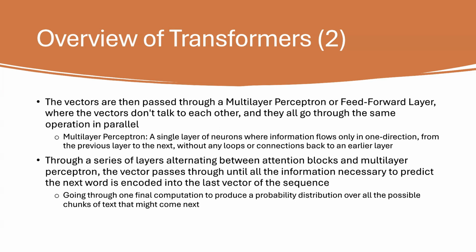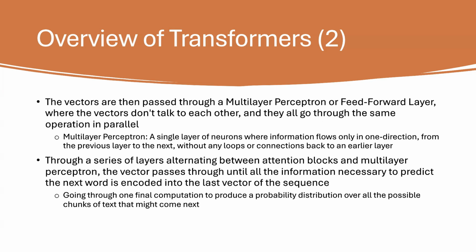A multi-layer perceptron is a layer of neurons where information flows only in one direction from the previous layer to the next without any loops or connection back to an earlier layer. Hence they're also referred to as a feed-forward layer, as they're feeding the information from one layer to the next with no communication or method to go back to the previous layer.